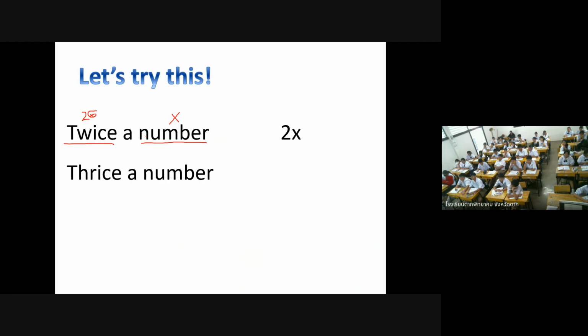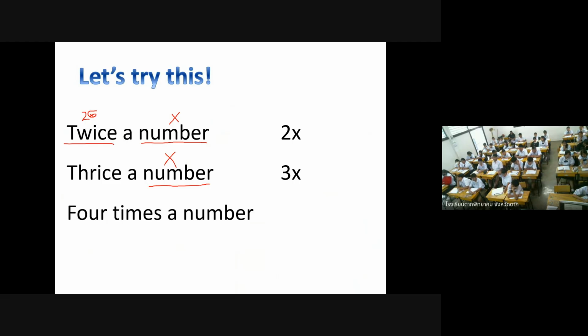How about thrice a number? If the given number is variable X, what does thrice a number mean? 3X. Very good. How about 4 times a number?